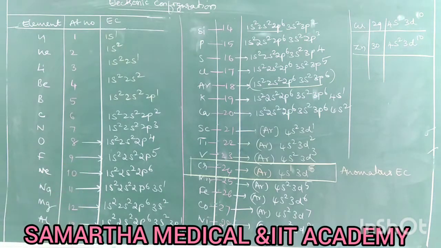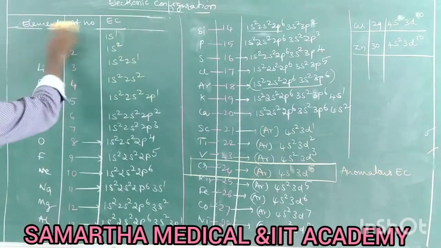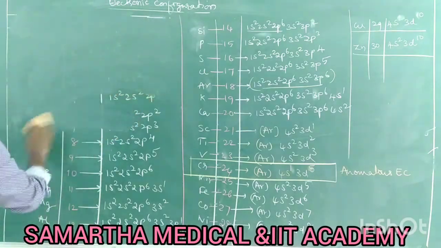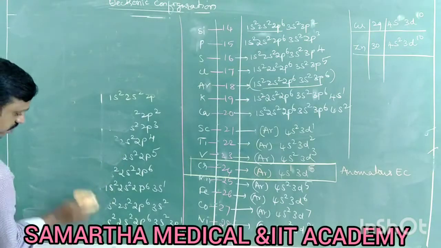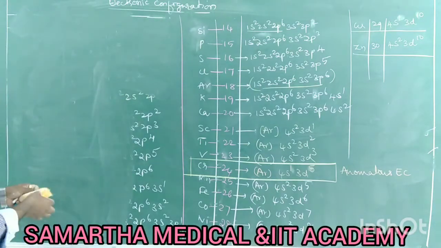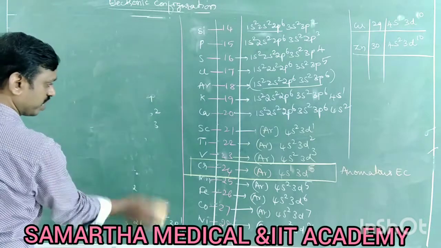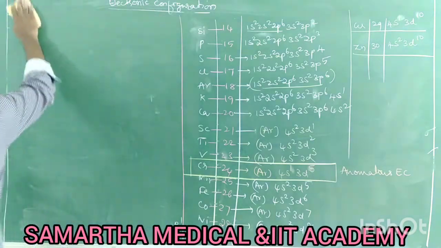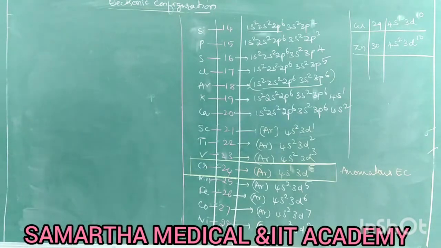Now let us see the electronic configuration of ions. We can also write the electronic configuration of ions. Then how to write the electronic configuration of given ions? I'll write some examples, and some homework I'll give.